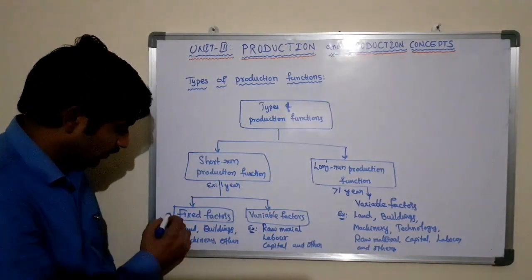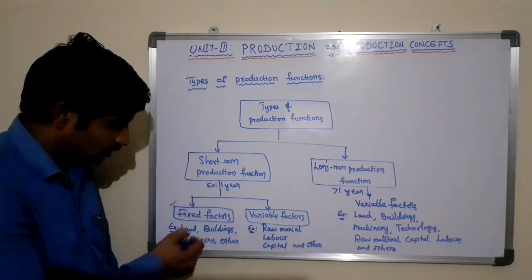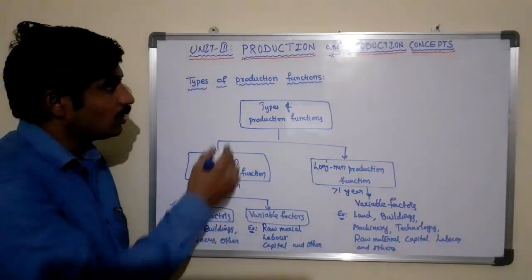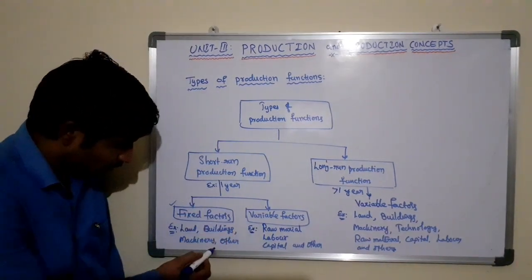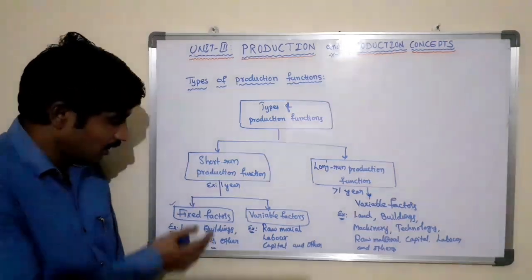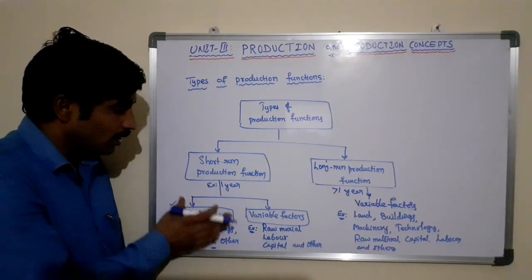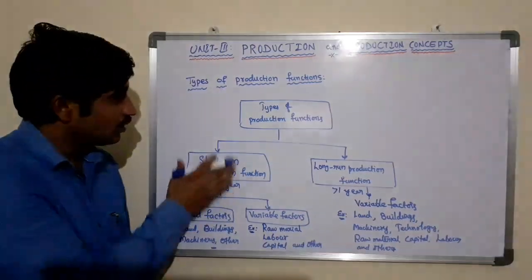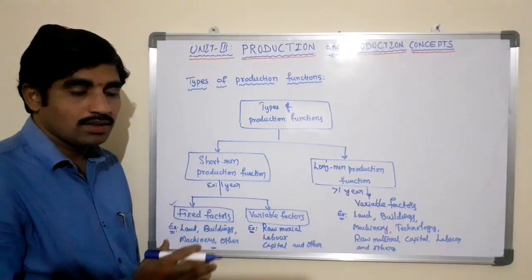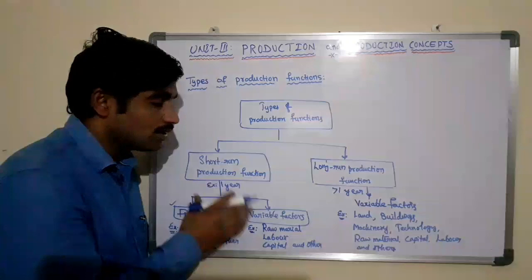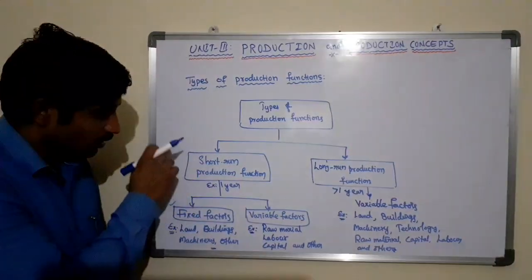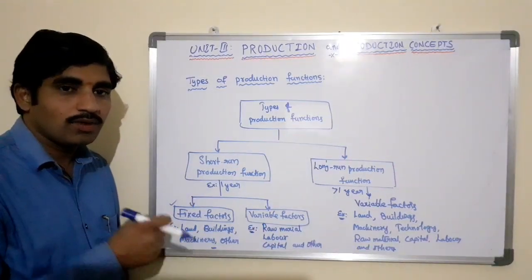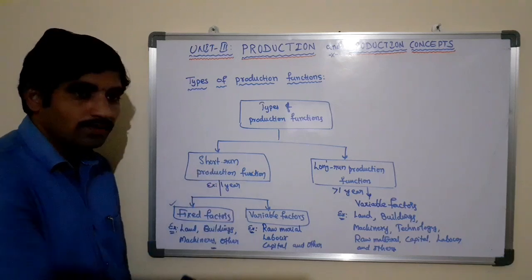Whereas in case of short run, we can divide or classify into the fixed input factor and a variable input factor. So they are the two types of production function. So based on the resources that are available in short period in terms of fixed and variable, the function which is constructed to disclose or to know the relationship between the quantity of output and the variable input factors that are available is known as short run production function.